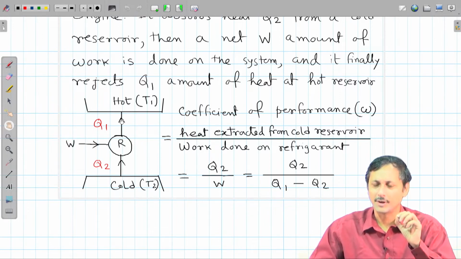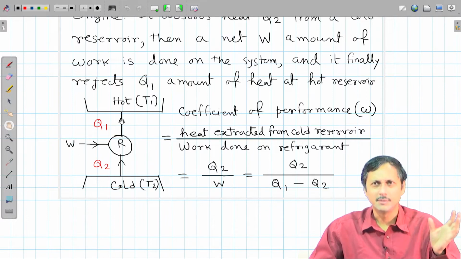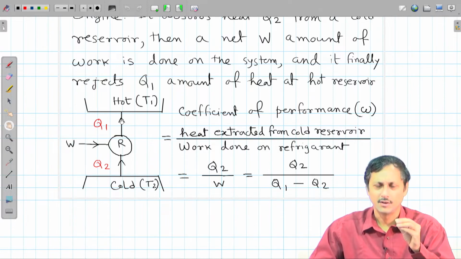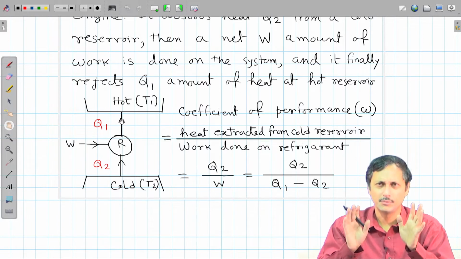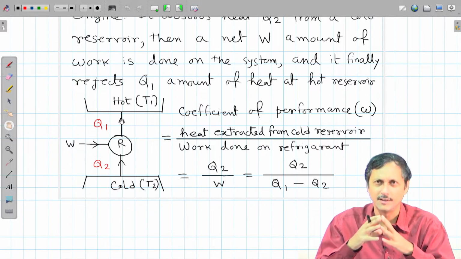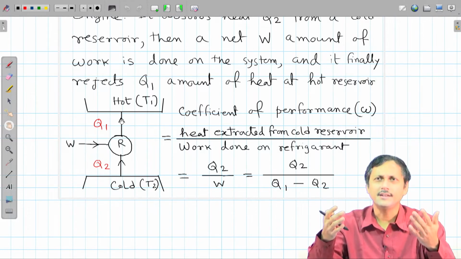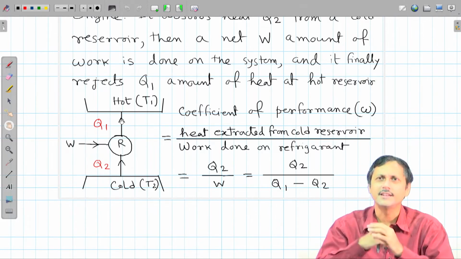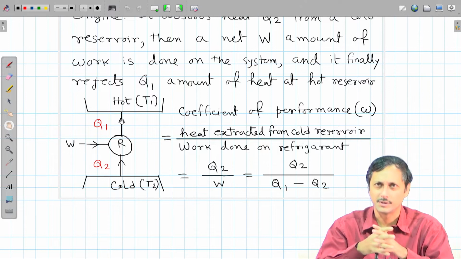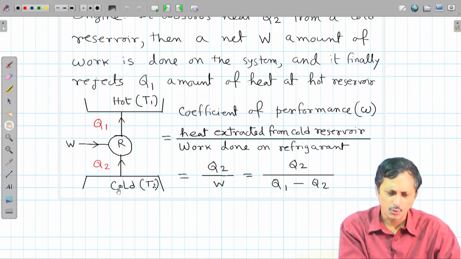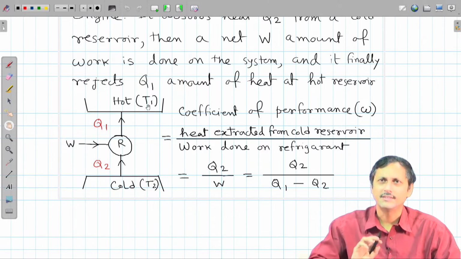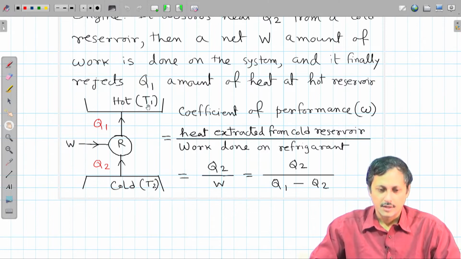Typically, it is mechanical work at the end, but the main power source is electrical. Okay. So, we'll discuss it in a little elaborate manner, and then it rejects that heat into the sink. In this case, the sink temperature is more than the source temperature, right. So, this cold here is the source, hot is the sink, right.